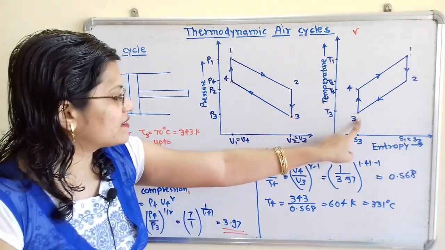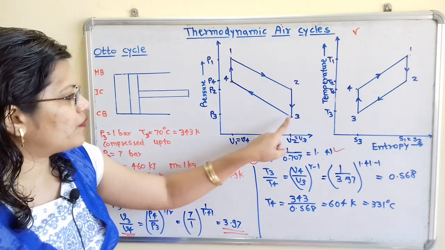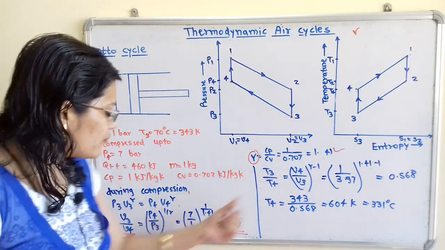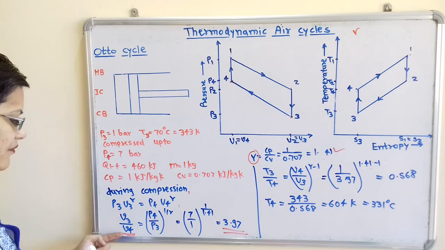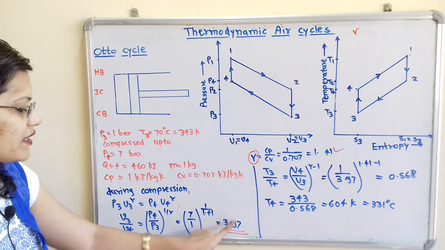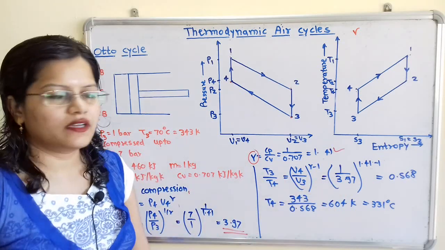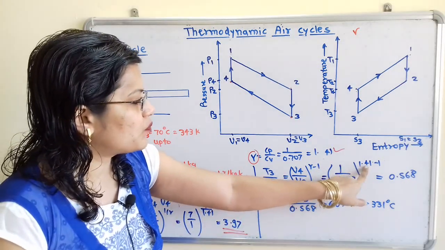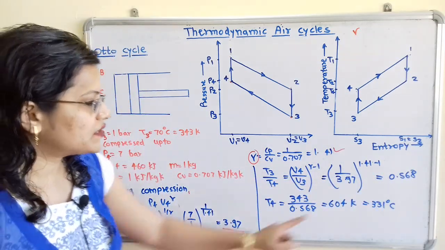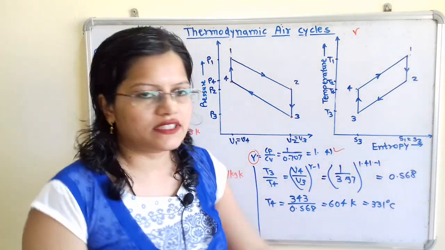So we know that T3 by T4 is equal to V4 by V3 raised to gamma minus 1. We know the value of V3 by V4, so here it is V4 by V3. So we will take 1 divided by 3.97 raised to gamma minus 1, that is 1.41 minus 1, that is 0.41, which is equal to 0.568.